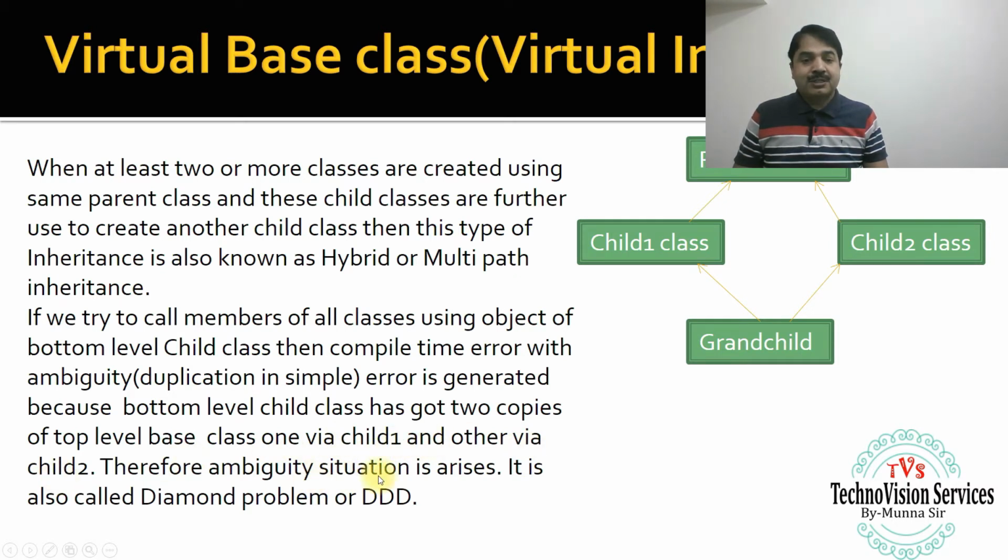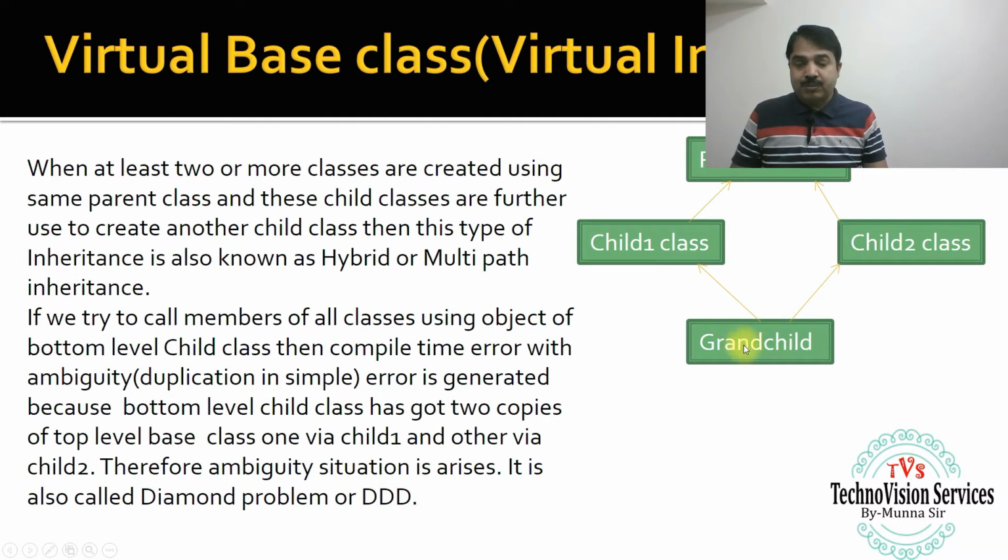Therefore, an ambiguous situation arises. This concept is also known as the diamond problem, or the deadly death of diamond. In short, it is called DDD.